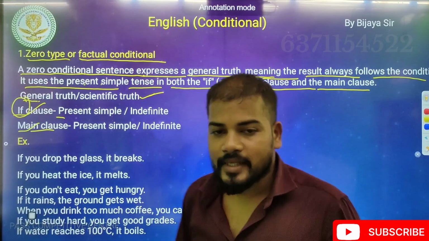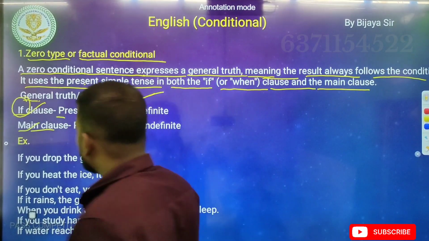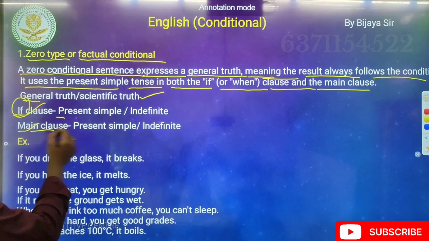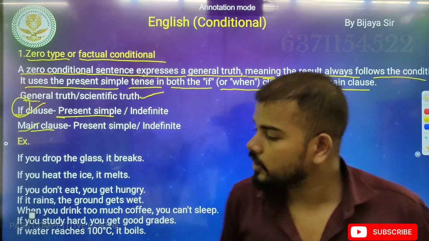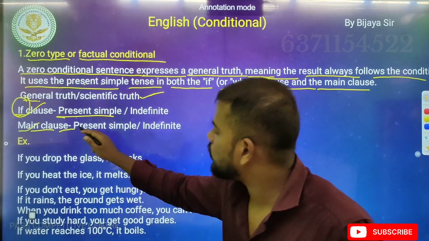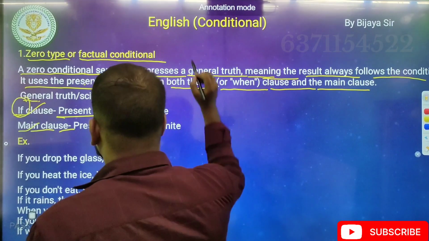Okay, so we will get one if clause, another one that is the main clause. Our if clause, dear student, is present simple, and the main clause is also present simple. So what is the structure of present simple, dear students?